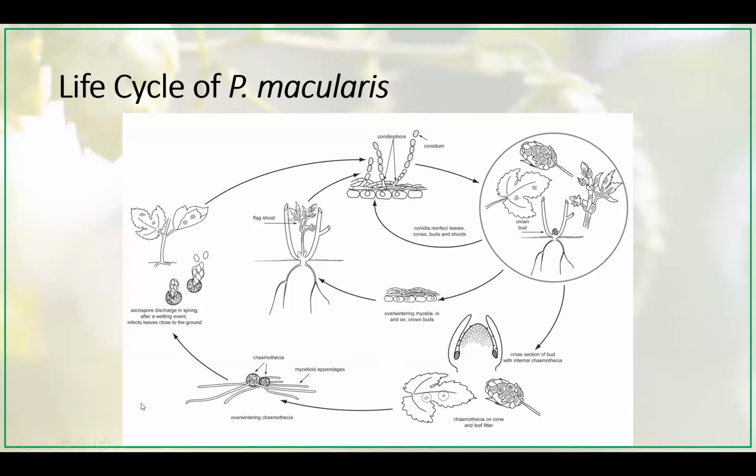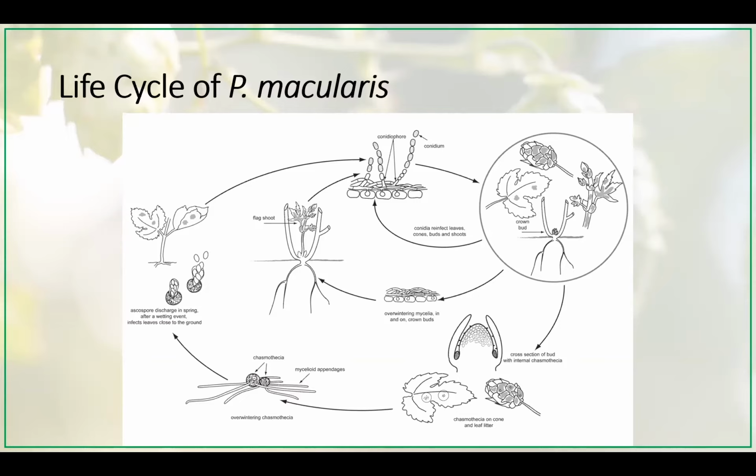These chasmothecia will start to swell after a rain event in the spring and discharge ascospores, which will infect the younger plant tissue. Or if it's living as mycelia in the crown buds, when the plant growth starts to emerge, that mycelia will grow along with the young shoot and causes what we call a flag shoot.